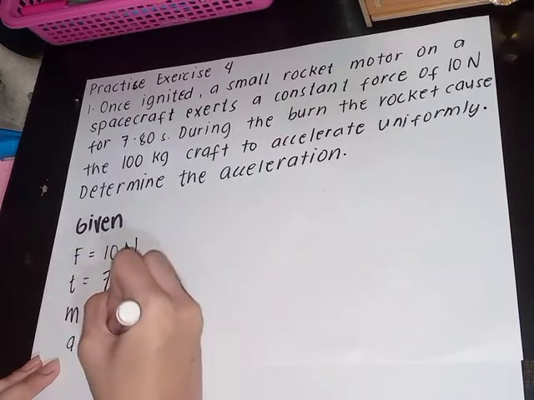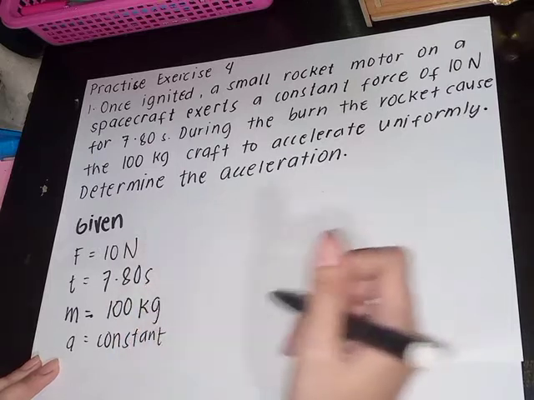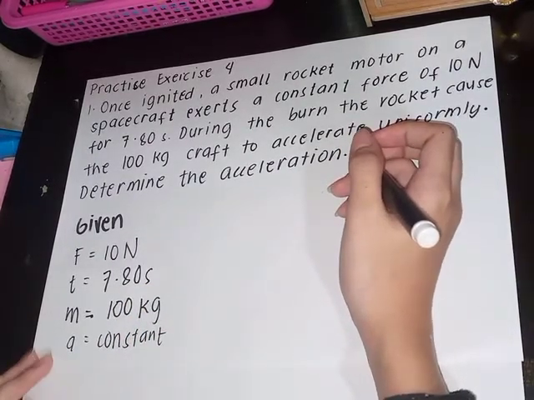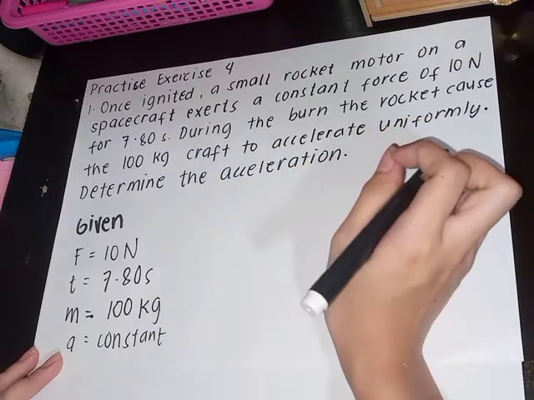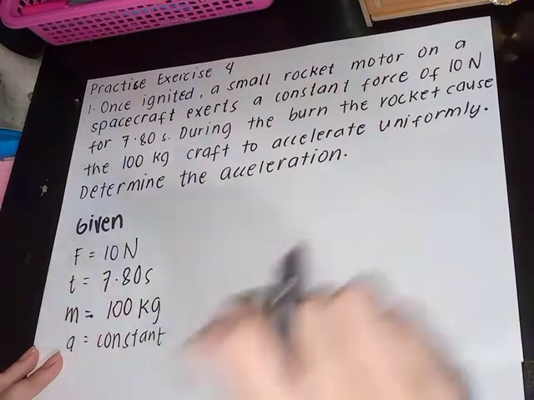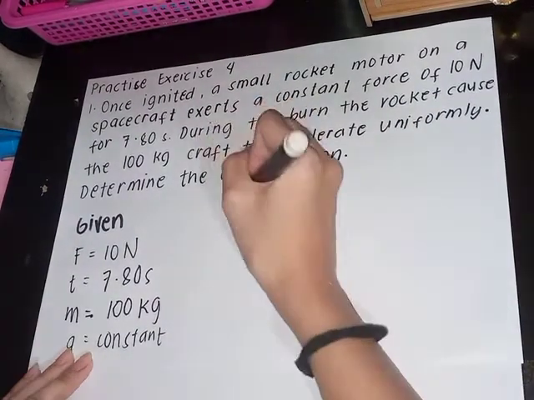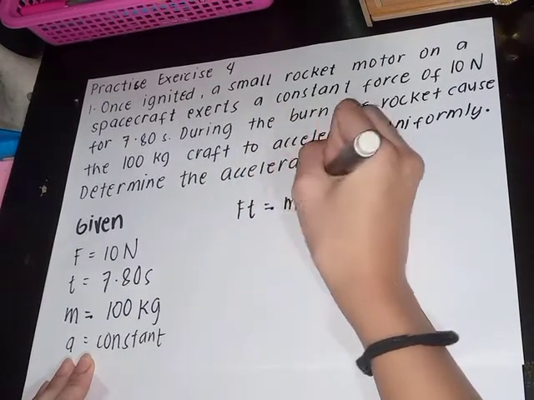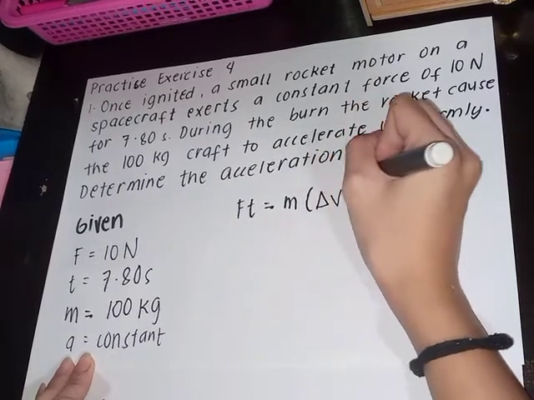We have acceleration, which is constant. So, para makuha natin yung changes in velocity, para makuha natin yung acceleration, kailangan muna nating makuha yung changes in velocity. So, yung gagamitin kong formula is F times t equals to mass times the changes in velocity.